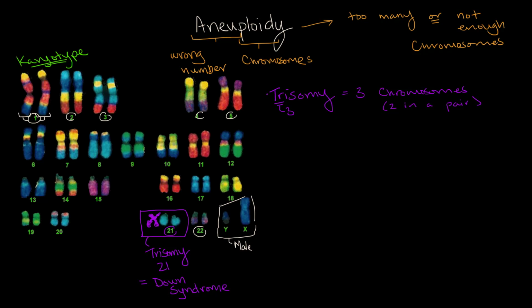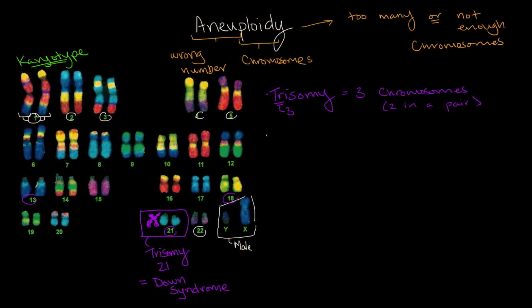So you can also get other trisomies. Trisomy 18 and 13 do also exist, but most aneuploidies are embryonic lethal, and what that means is that the baby is dead before it's even born, so it causes miscarriages. We'll elaborate a little bit more on that in a moment.